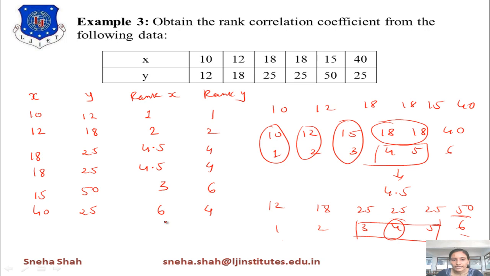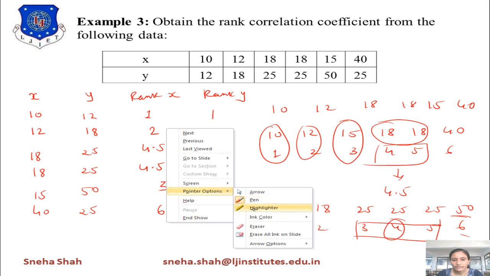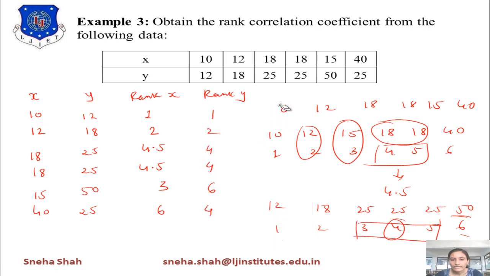So this is the rank of Y. Now you have to find the value of the difference d. The difference d equals the rank of X minus the rank of Y, right?